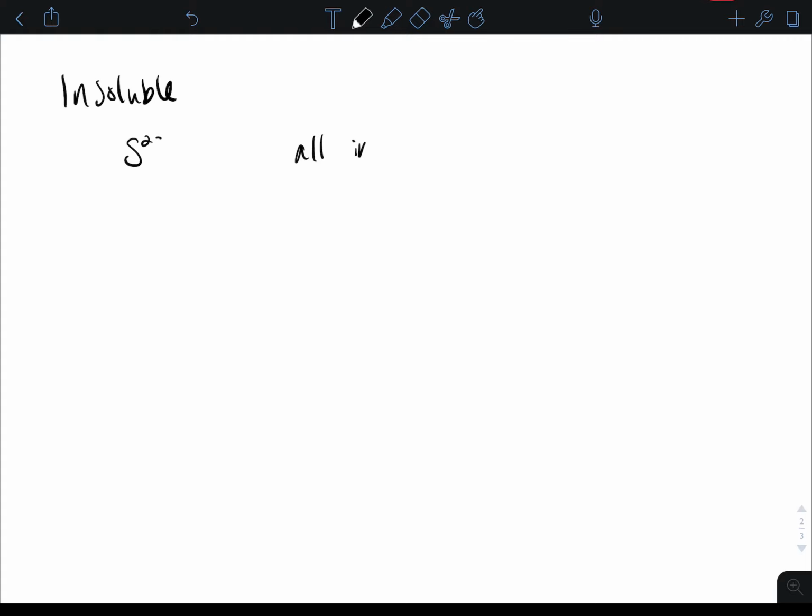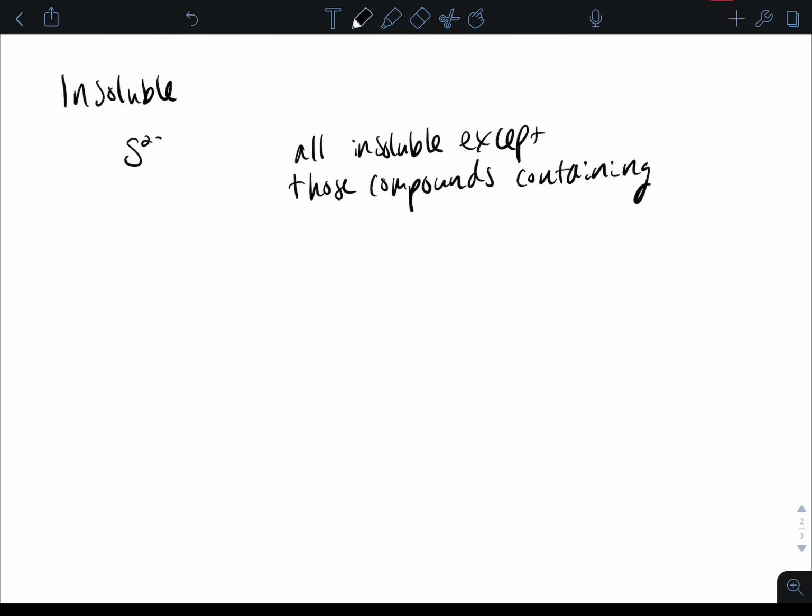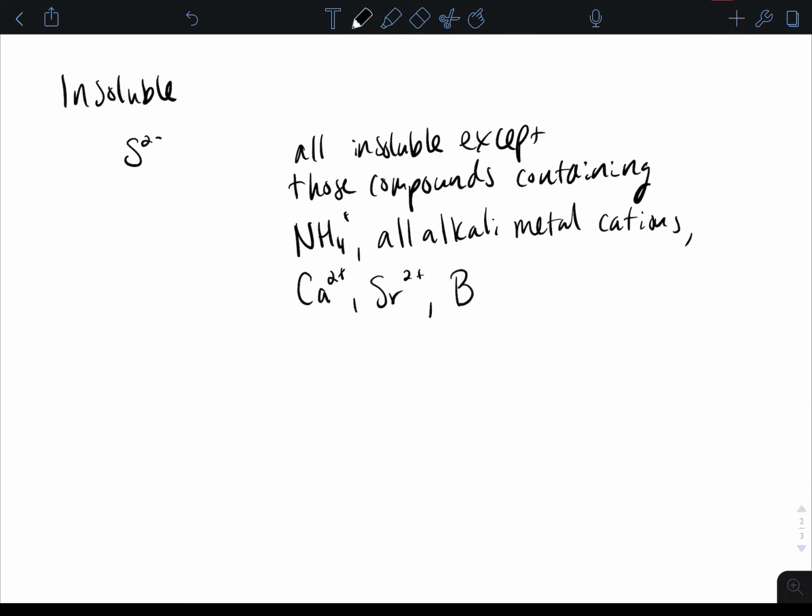So all insoluble, except those containing our ammonium ion, all alkali metal cations, and those with calcium 2+, strontium 2+, and barium 2+.